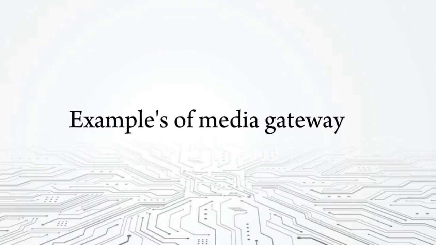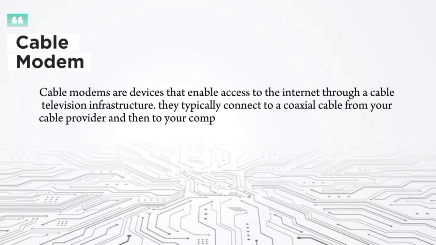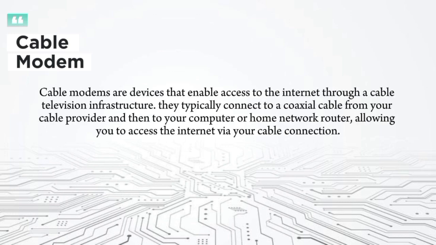There are a lot of examples of media gateways. One common example is the cable modem, which serves as a bridge between a user's home network and the internet service provider's network.